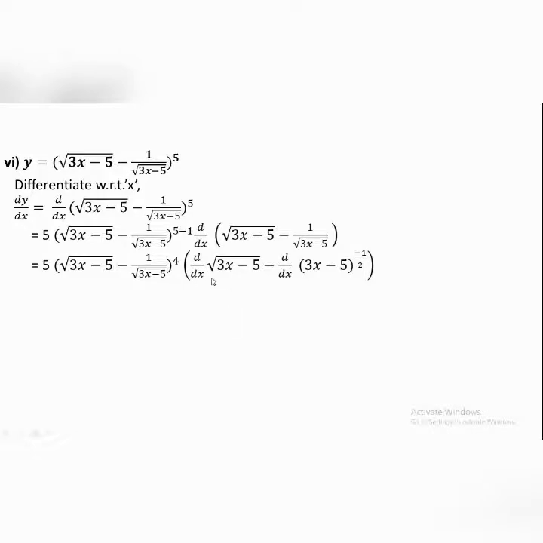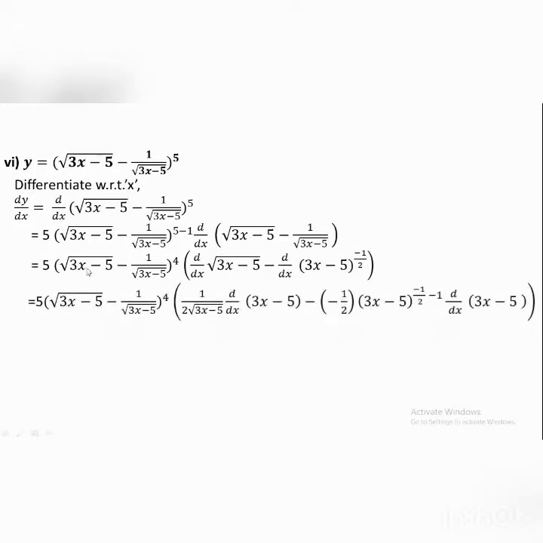Now in the next step we differentiate this. So this 5 (root 3x minus 5 minus 1) upon root 3x minus 5 raised to 4 is as it is, and we differentiate the root of 3x minus 5.